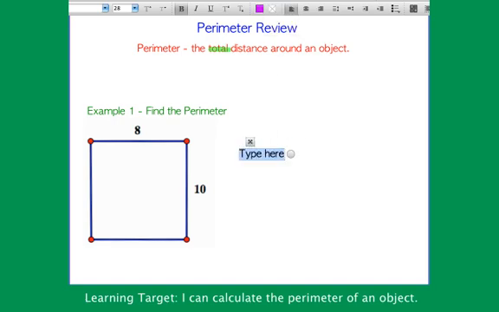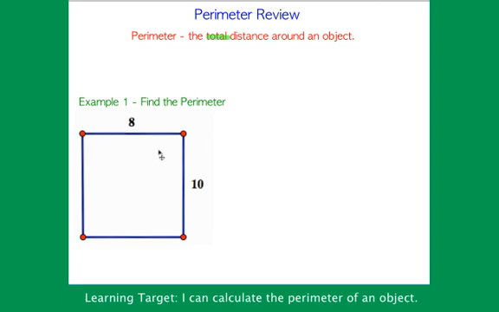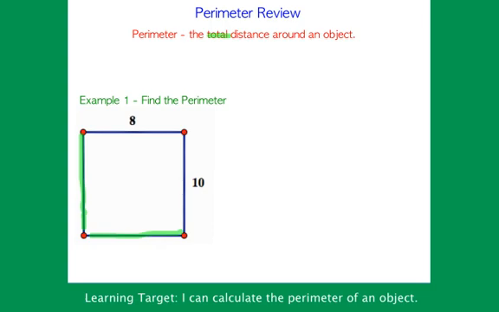Now, sometimes you'll have an object and all the sides will not be listed. That's okay. If this is a rectangle, we need to remember that this side on the left is 10, and this side down here is 8. We know that this over here is 10 and this is 8 because remember in a rectangle the top and the bottom have the same length and the two sides have the same length.